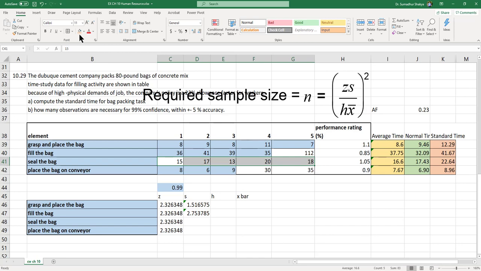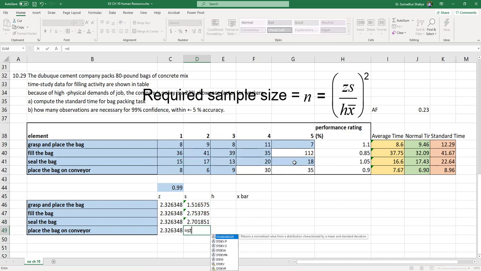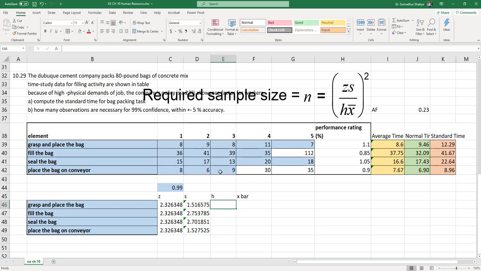Okay, so I'm going to color these so then I don't make a mistake here. So equals STDEV for all of these numbers, and then for the first 3 numbers only. Now H is given to us as 5% accuracy, so 0.05, 0.05, 0.05, 0.05, so that's given.